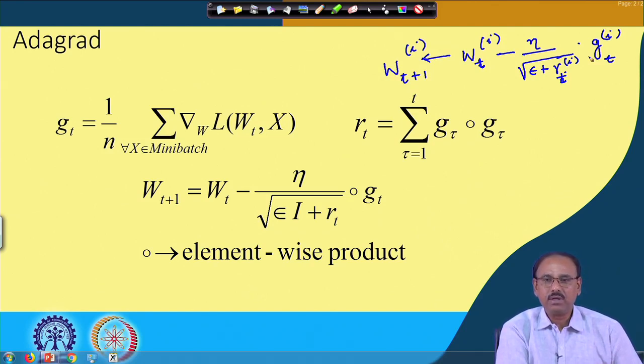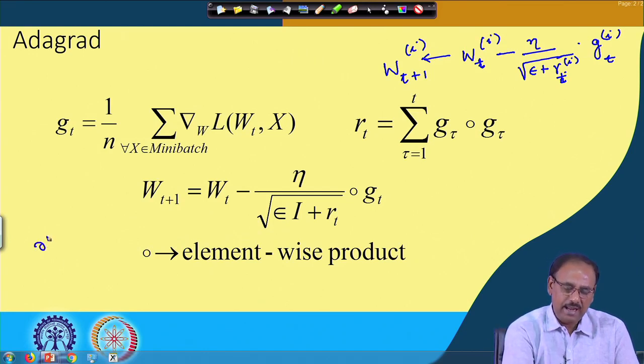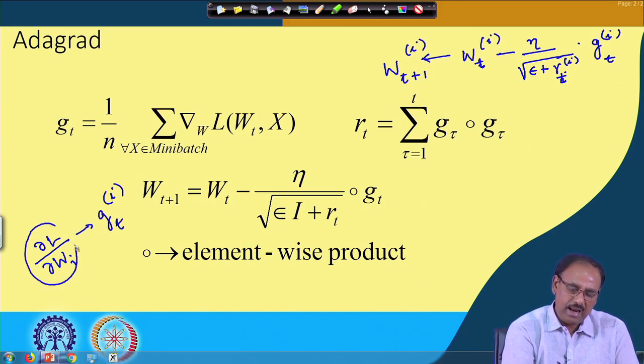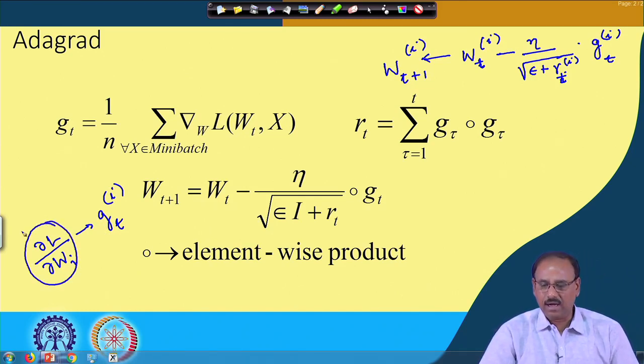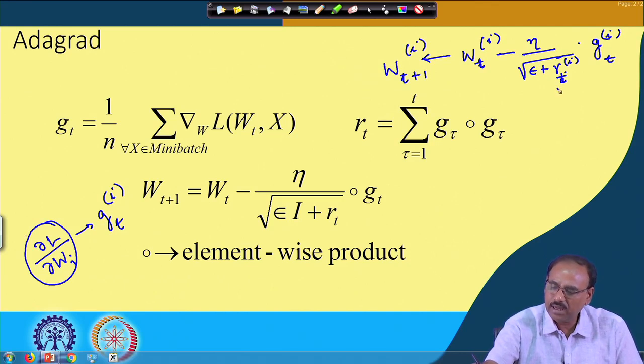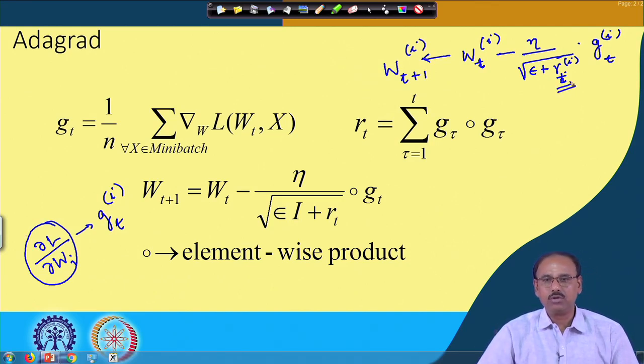So the effect of the scaling is that if for a certain component, say for Wi, you find that del L del Wi, which is nothing but our Gt i, is very large, then the corresponding Rt i will also be very large.